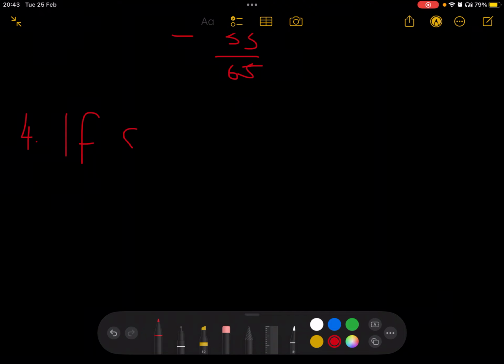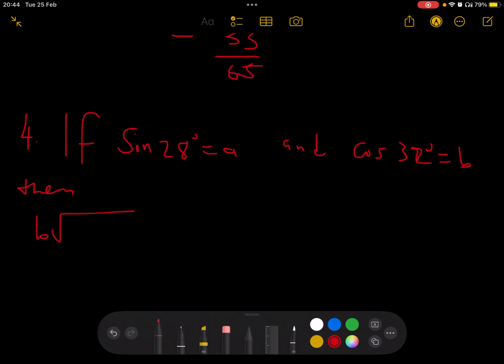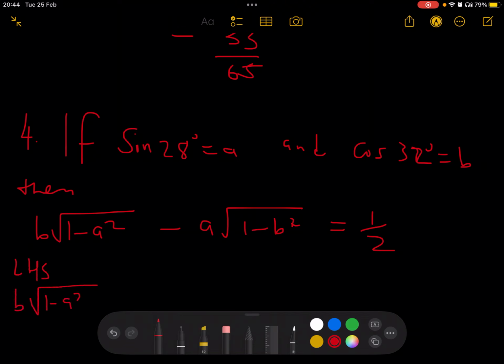It says if sine 28 degrees is equal to A and cos 32 degrees is equal to B, then B square root of 1 minus A squared minus A square root of 1 minus B squared is equal to a half. Now we have to prove what the left hand side is all about. The left hand side is all about this: B square root of 1 minus A squared, minus A square root of 1 minus B squared.